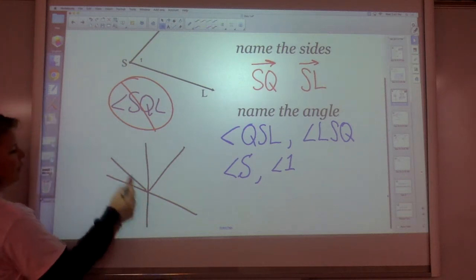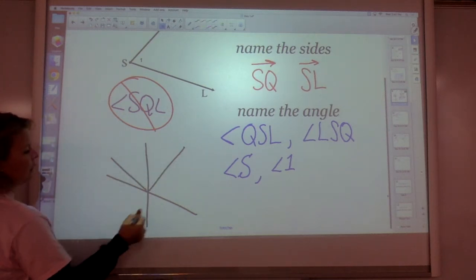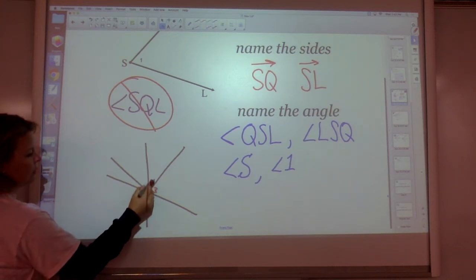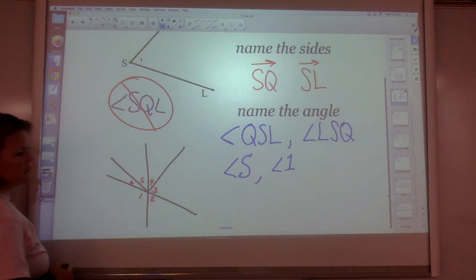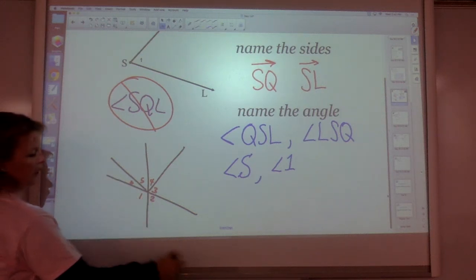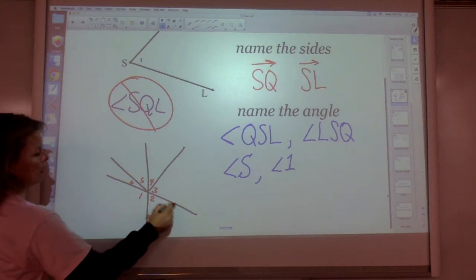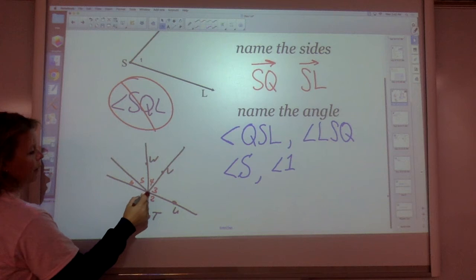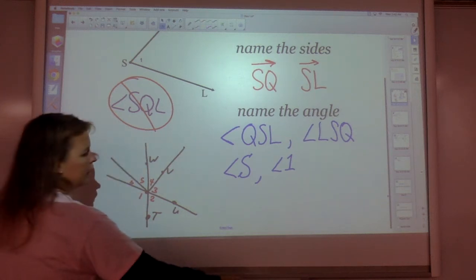We don't want a Q, an S, a P, a W, a T, an L, and a V, all that in there. We could just name them angle 1, 2, 3, 4, 5, and 6. Much, much easier and a shortcut if you put little numbers in there than if you put a whole bunch of points all over to try to name these angles. That would get pretty messed up and complicated.